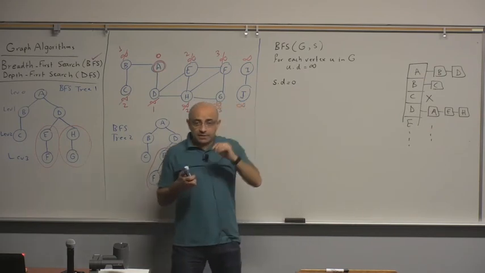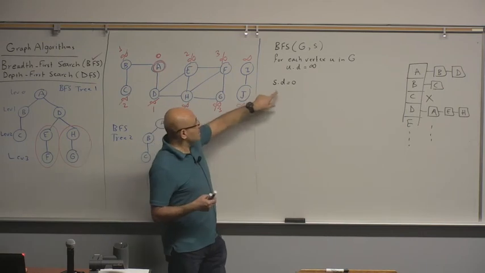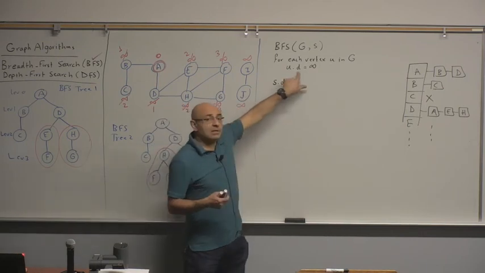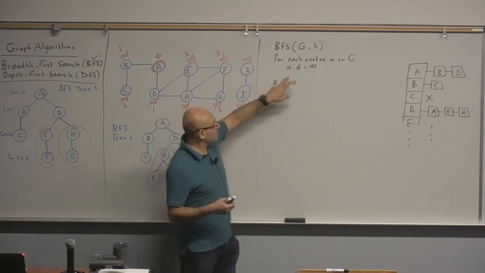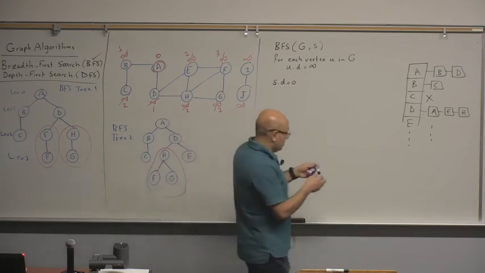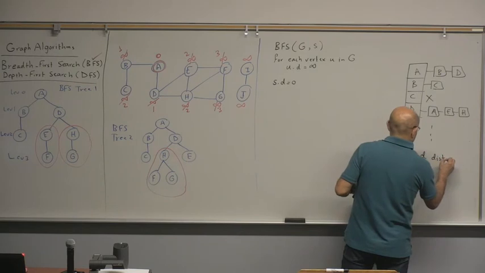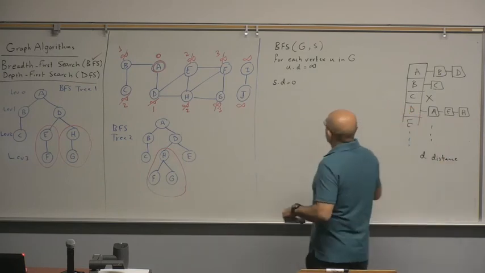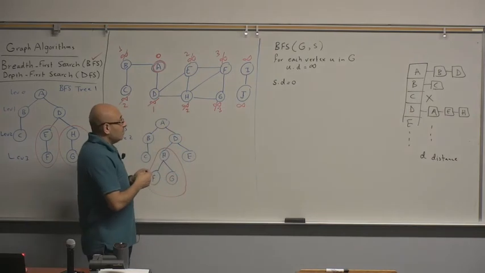One of these data fields is the D, which is the distance that we're trying to compute. So it's setting the field D in the object of each vertex to infinity. Okay. So D is the distance. And for the source, it's setting that to 0.